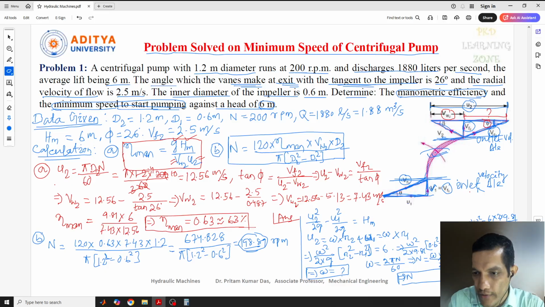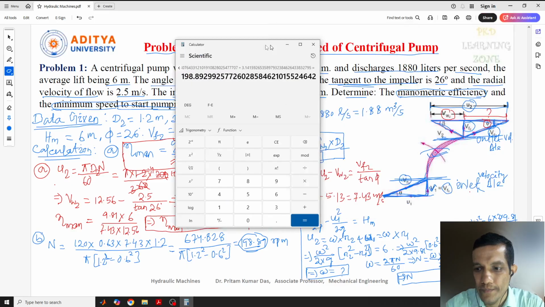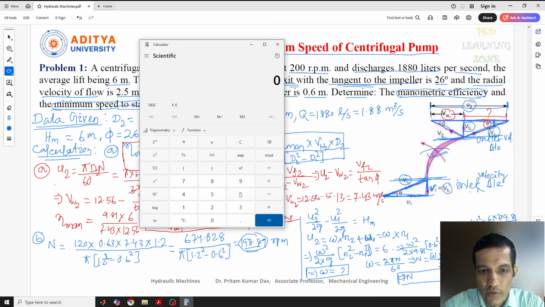Let's try to find out how much. This will be 6 into 2 into 9.81, divided by bracket start 0.36 minus 0.9. Okay, 0.36 minus 0.09, not 0.9.